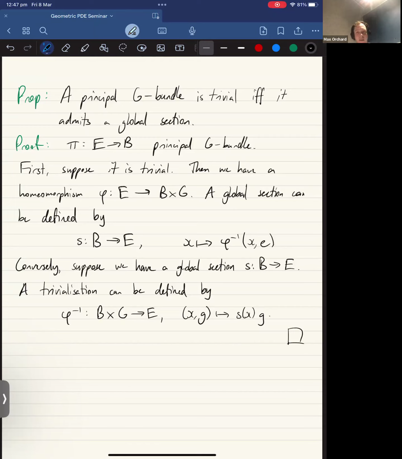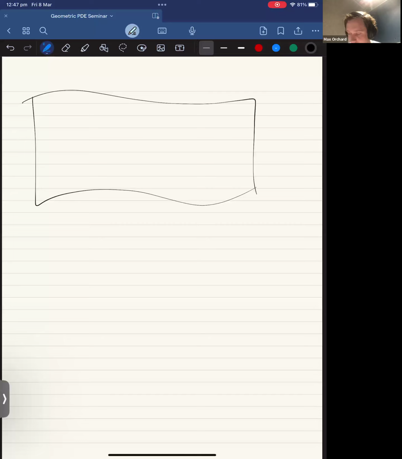I might just draw a picture here. We have our base space B, our total space E, which is where our fibers live, a point X, and we have our fiber here, it's homeomorphic to G. So S is already defined here.